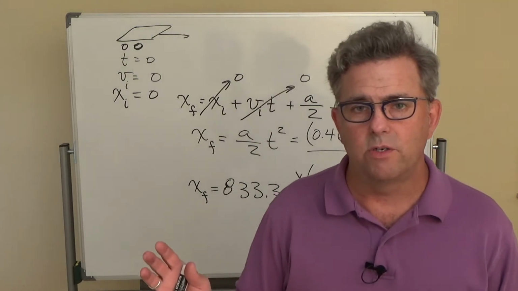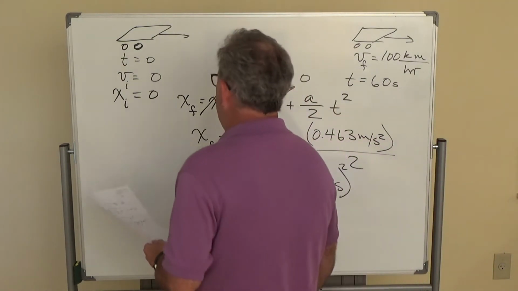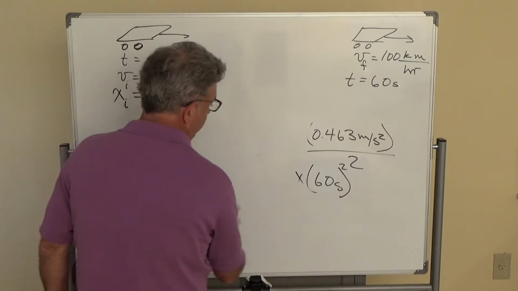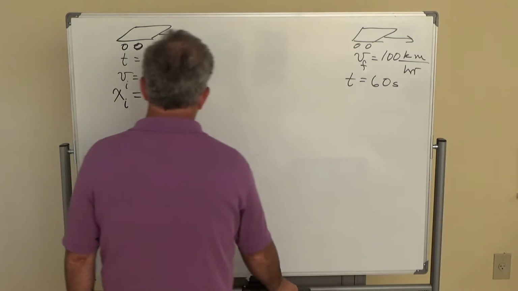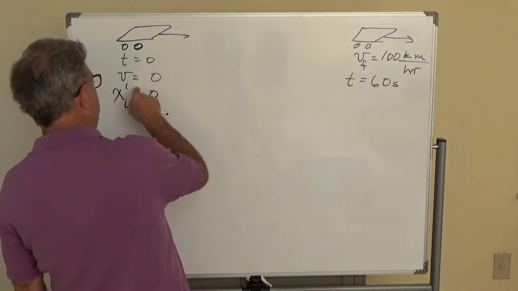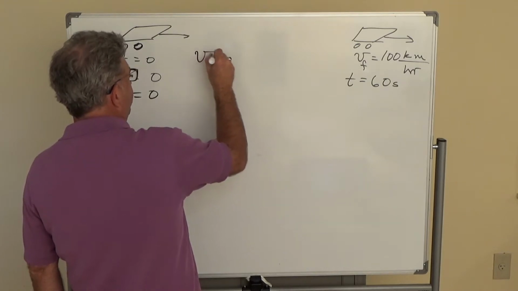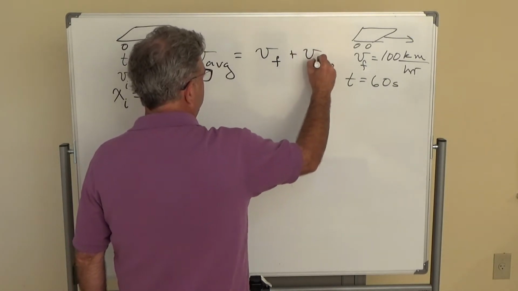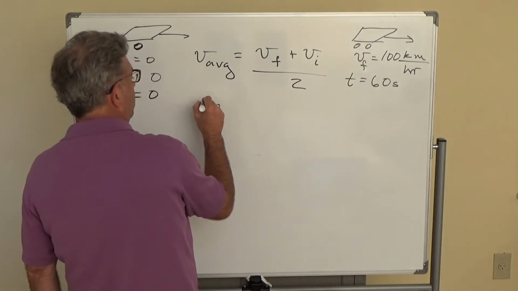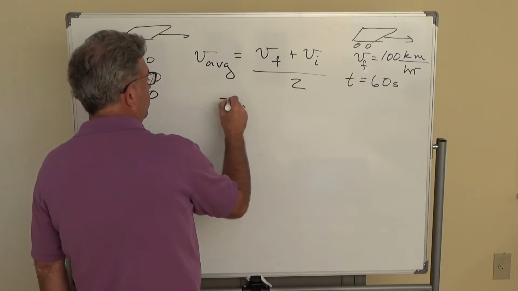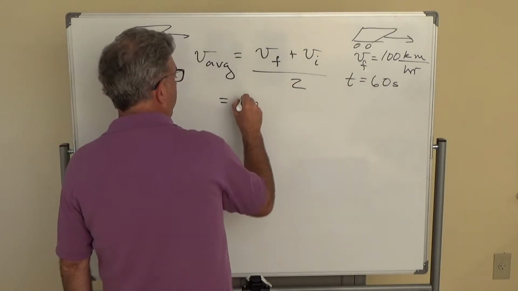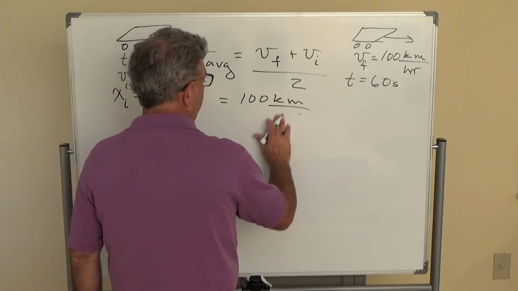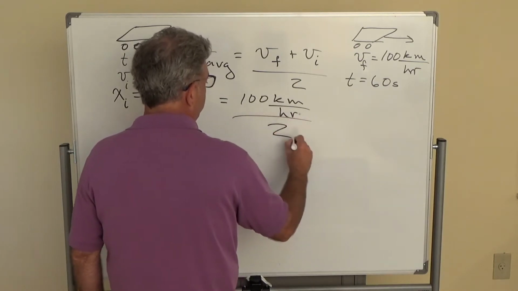That's one way you can solve this problem. How far did the cart travel? Another way is by looking at this, like I mentioned just a minute ago, and going, aha, this is constant acceleration. I know the final velocity. I know the initial velocity. Well, the average velocity is equal to V final plus V initial over 2. So this is equal to 100 kilometers per hour over 2.